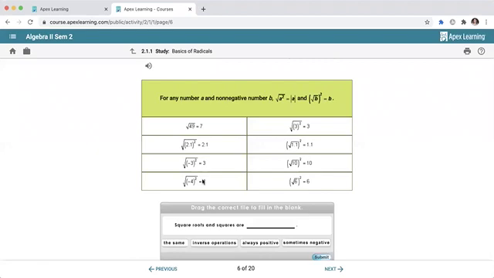I'm going to get a positive and a negative value when I take a square root, because I could have 4 squared or negative 4 squared, and they would both give me the same answer. So if I'm taking the square root of any non-negative number, say the square root of 49, this could be positive 7 or negative 7.